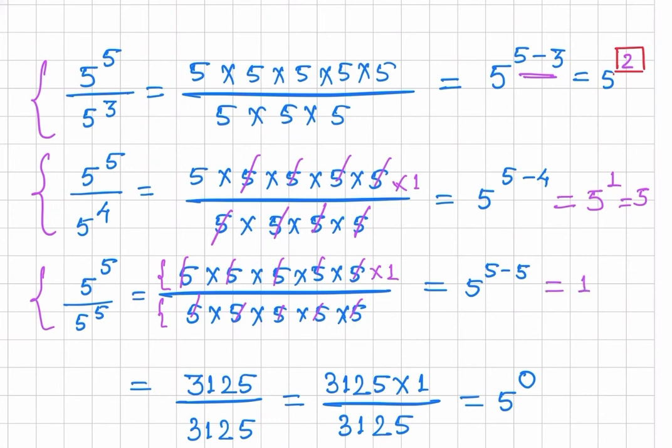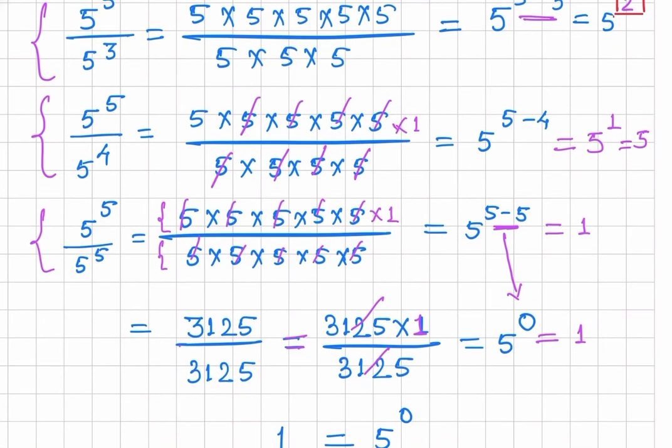Or how can you see that? 5 raised to 5 is 3125, divided by 3125. So the answer would be 3125 multiplied by 1, which is equal to just 1. This can be written as 5 raised to 5 minus 5, and you know that 5 minus 5 is equal to 0. So 5 raised to 0 is 1.